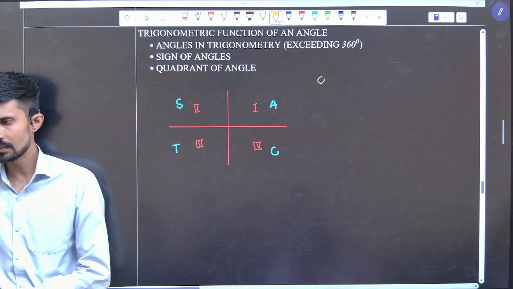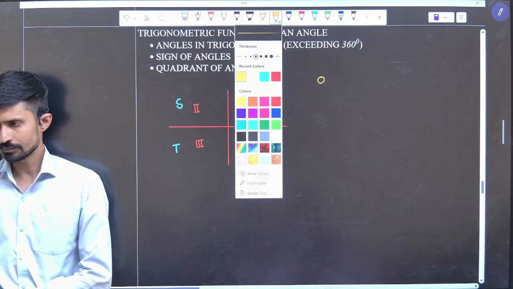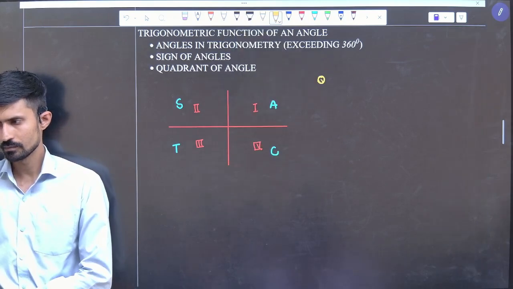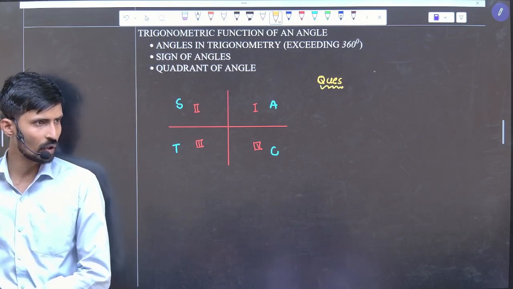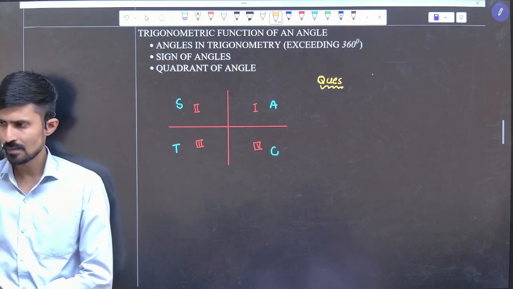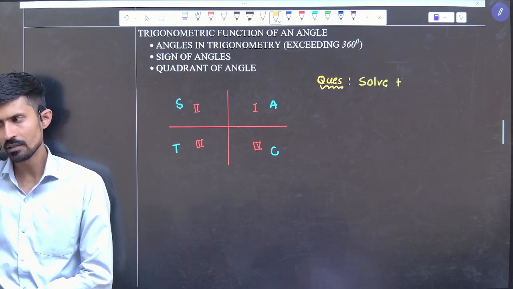Question is, solve the following inequality. Solve the following.